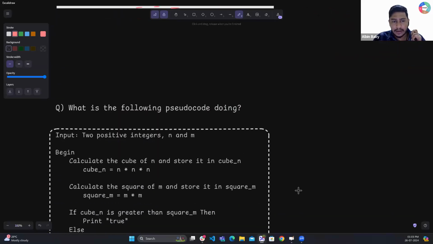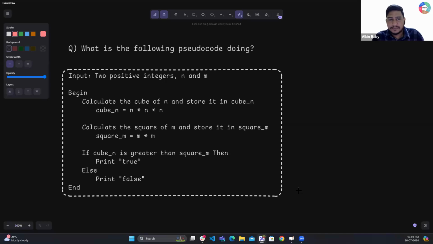Can you guys tell me what this pseudocode is doing? Input two positive integers n and m. So n and m are two positive integers, right?